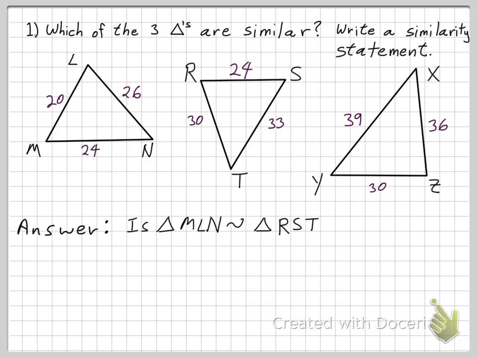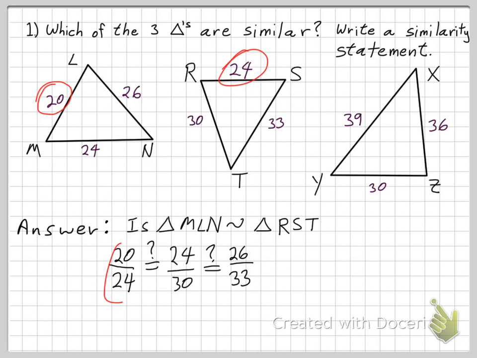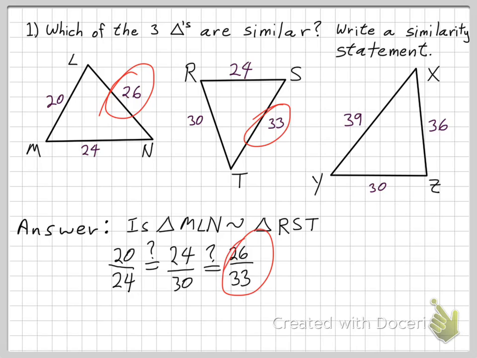And if those two triangles were similar, then the corresponding side lengths would be proportional, right? They'd be in the same ratios. So this would be true if these two triangles were similar. I'd be comparing the short side of this triangle with the short side of that triangle. That's where you get the 20 over 24. And then we have the middle value of this triangle compared to the middle value of this triangle, and that's where you get the 24 over 30. And then we have the longest value of this triangle and the longest side here, which is 33, and that's where you get that.